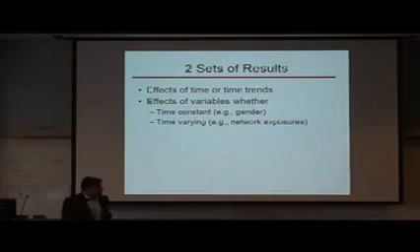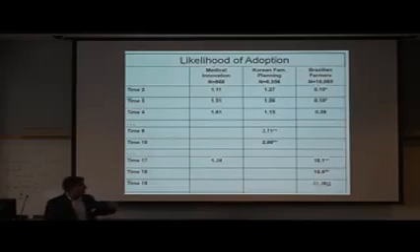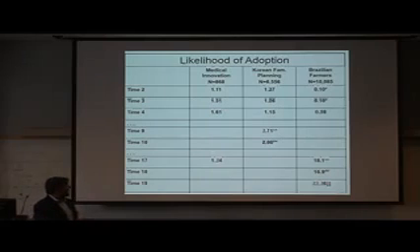When you do this kind of event history analysis, you get two sets of results. One is, what's the effect of time on diffusion? In other words, does the likelihood of adoption change over time, and the effect of different variables. For these three classic diffusion data sets, what we find is no effect of time in medical innovation.